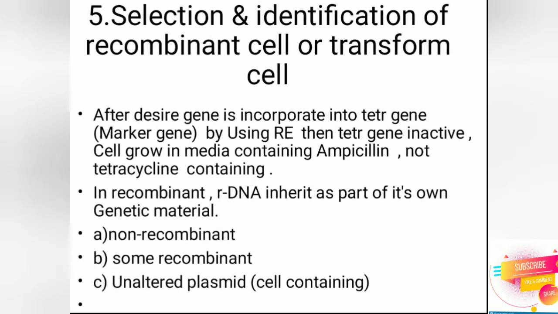Next is the fifth step of recombinant DNA technology, that is selection and identification of recombinant or transformed cells. After the desired gene is incorporated into the marker gene, we should know what is meant by a marker gene. A marker gene is present on a plasmid or vector, and in that marker gene we introduce the desired DNA by using the restriction enzyme.